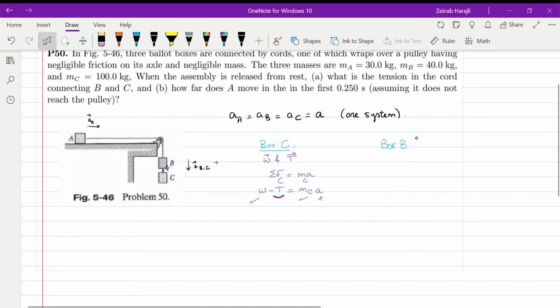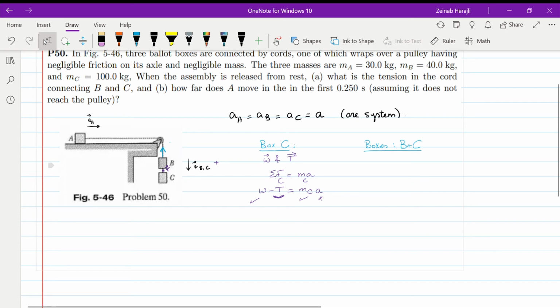So let's consider box B plus C, two boxes at the same time, because this is actually going to eliminate the tension, which is an unknown for me. It will give me another tension, the tension that we have here.